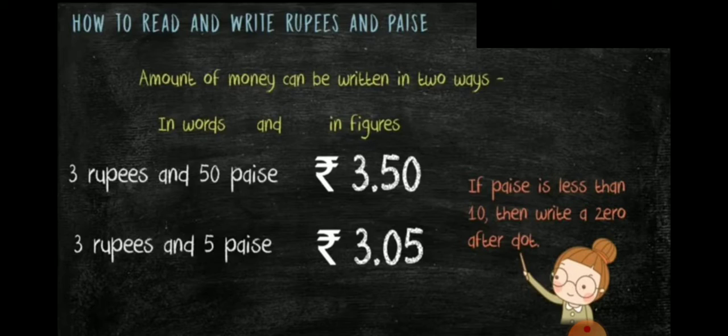Again you can see on the right side it is written 3 rupees and 5 paise, and on the left side in words 3 rupees and 5 paise. And you can see on the right side it is written rupees 3.05. If paise is less than 10, then we write a 0 after the dot.